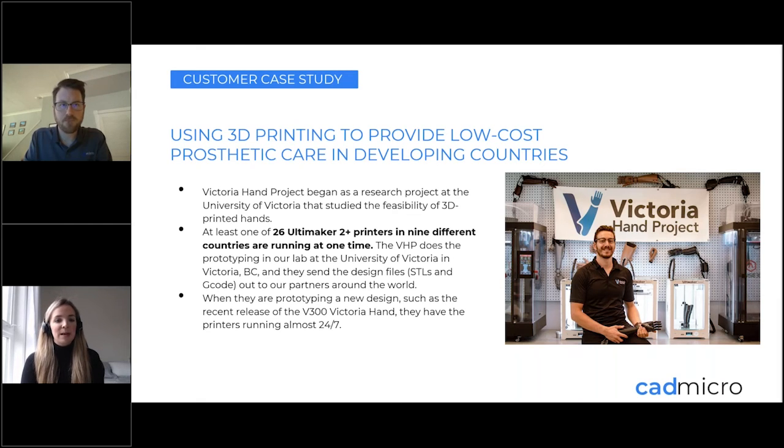The Victoria Hand Project does the prototyping at the lab at the University of Victoria, and then they send the design files out to the partners around the world, similar to the process that you saw Morgan walk through. When they are prototyping a new design, such as the release of their new hand, the V300, they have their printers running almost 24/7. So they've been able to see tons of use from the printers, and it's been super successful for them.